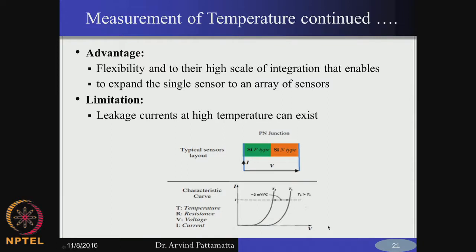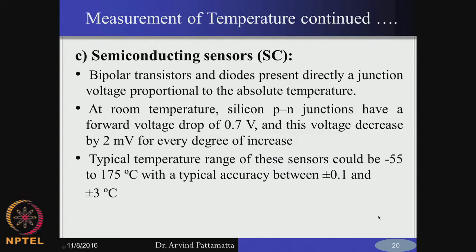Therefore, you can do a calibration at different temperatures, calibrate the voltage that you get, and then this can be used to measure the actual temperatures. This could also be used provided you have a good response; the response time also has to be considerably fast. Okay.